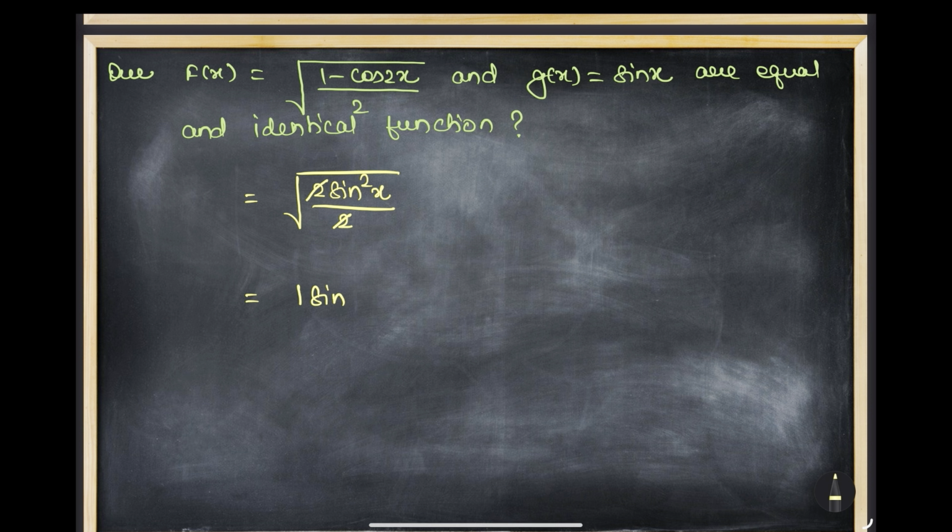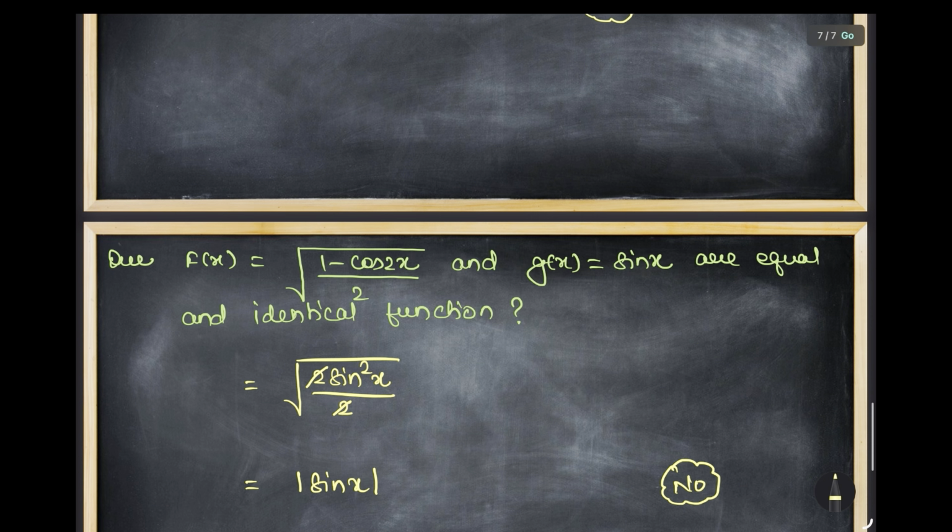Mod sine will come outside. Okay, so f of x becomes mod sine x, g of x becomes sine x. Here the domain is everything, here also the domain is everything, but look here. Here the output will always be positive, here the output will be positive, negative, both. So again both functions are different. No, it is not an equal and identical function.